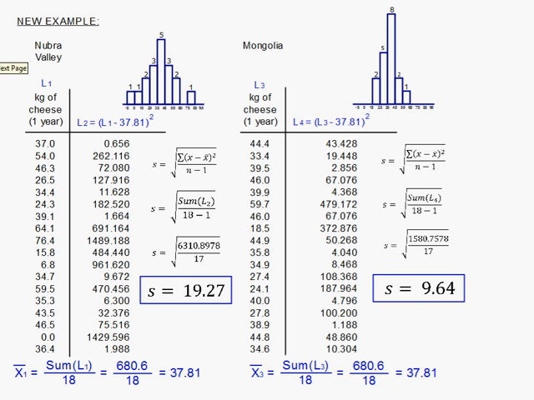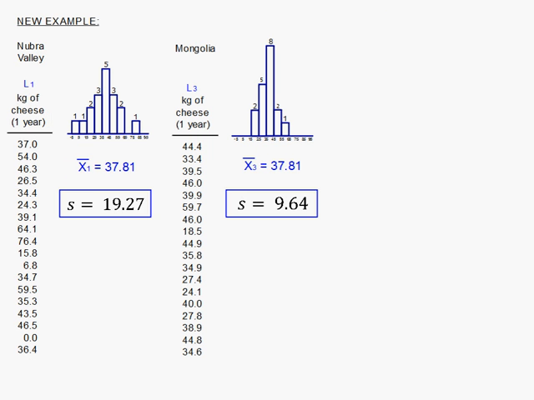If we look at our distributions, if we make the histograms, they look like this. And you can actually see visually that this one is just a lot more narrow. That distance is less than that distance. So that's what this smaller standard deviation is telling you. There's really less variation than you would expect in Mongolia for whatever the reason.